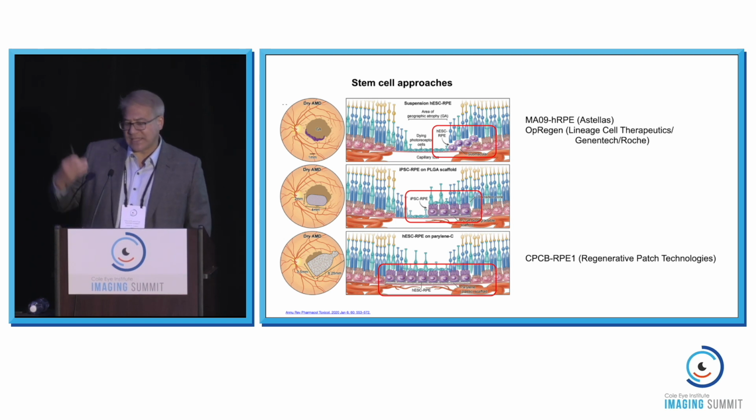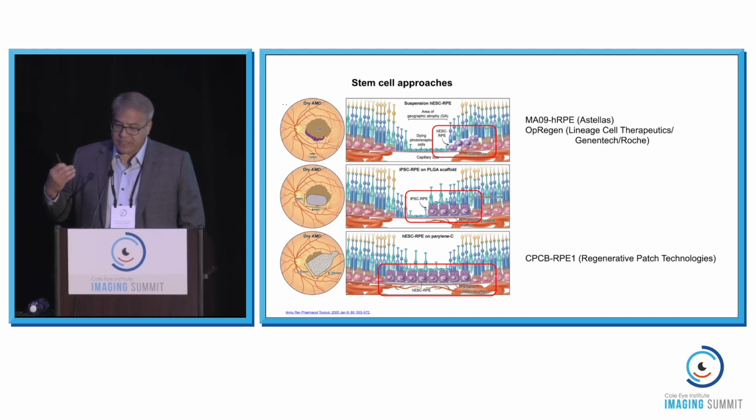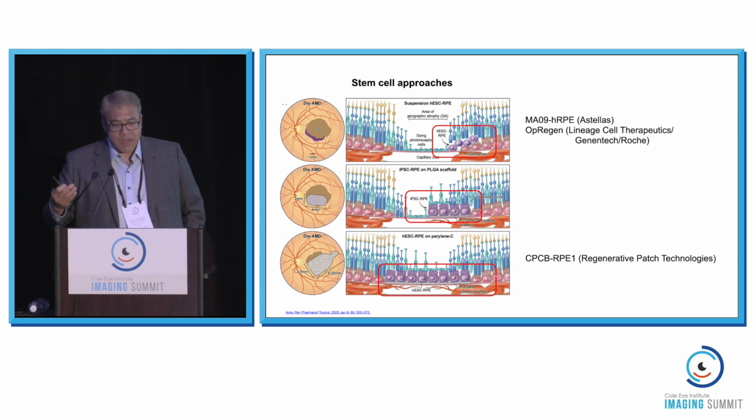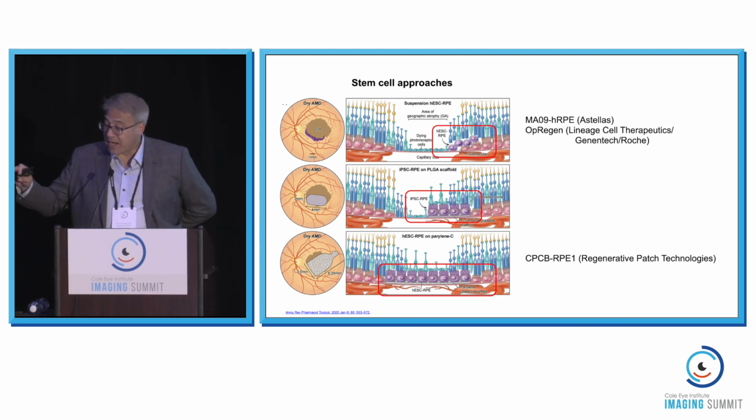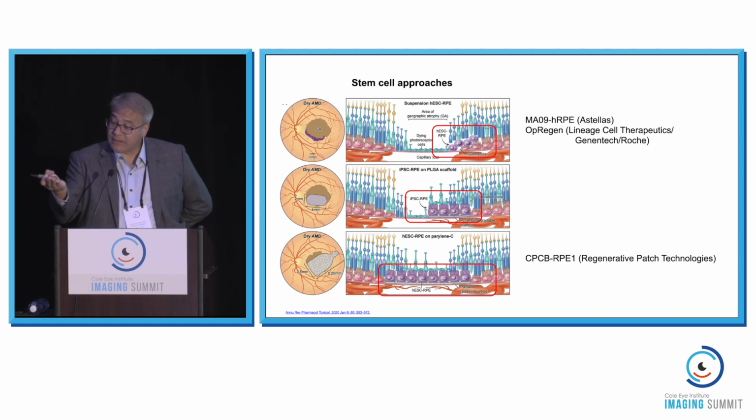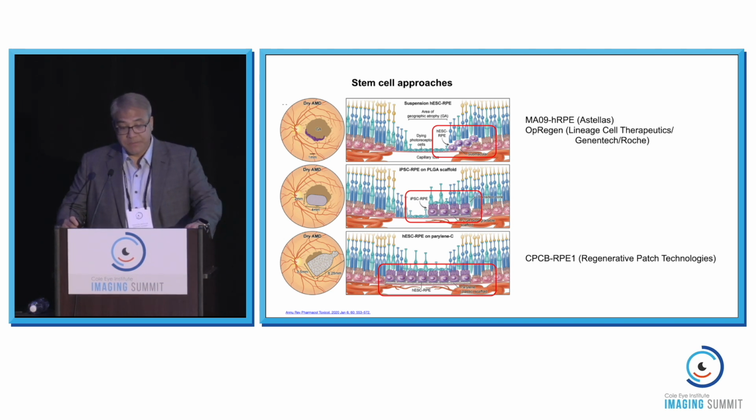But I'm going to call the second generation putting these stem cells, a little bit more matured, onto a polymer or some sort of patch that you place subretinally underneath the area of atrophy to replace the RPE. But since they're on a polymer matrix, you can polarize them in the correct direction. So this is very exciting research, of course, but it's still in its infancy. But maybe this will lead to something.